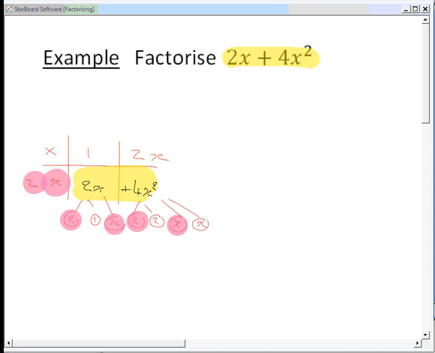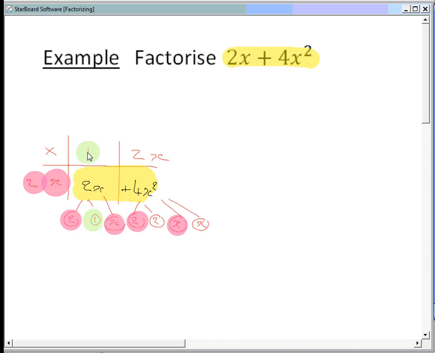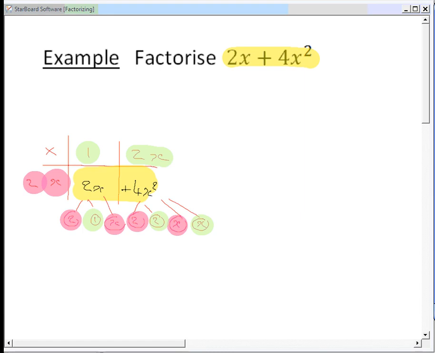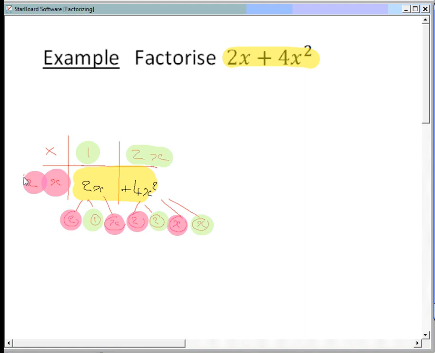So our 1 and our 2x are our remaining factors. Now the last thing we then need to think about is just check the signs. So this is positive, positive answer, so that must be positive. Positive, positive answer, so that must be positive.